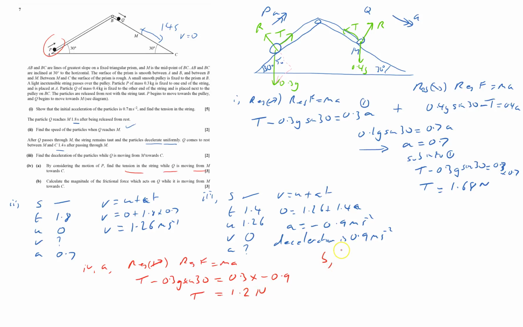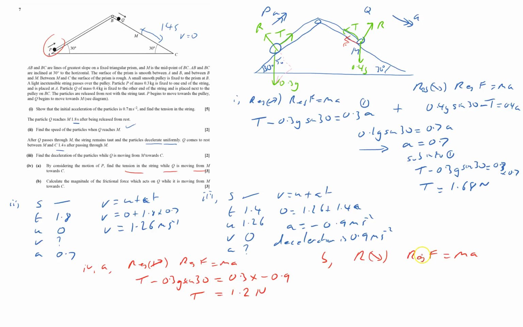And then finally, calculate the magnitude of the frictional force which acts on Q while it's moving. So I'll do it in red, there's now a friction force as it goes beyond here, and so I can use that formula. So for this part, I'm going to now resolve down the slope, and I'm going to have resultant force equals mass times acceleration.